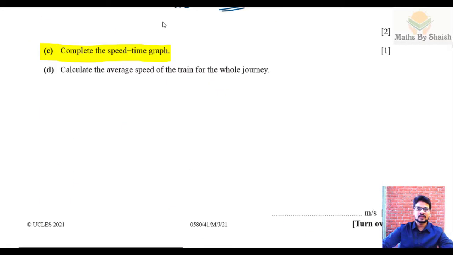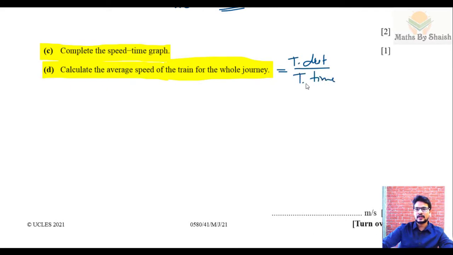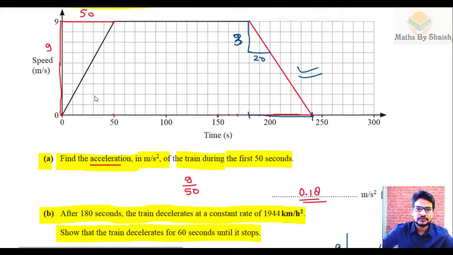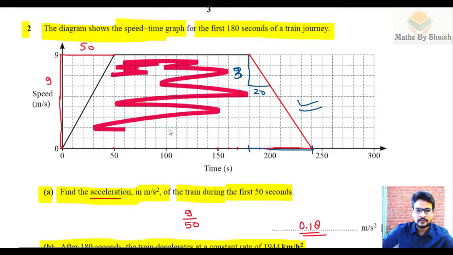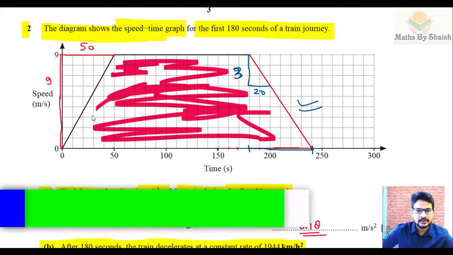Now the D part, calculate the average speed of the train for the whole journey. We know the average speed is total distance upon total time. Distance in the speed time graph is the area under the graph. This area is a trapezium's area.